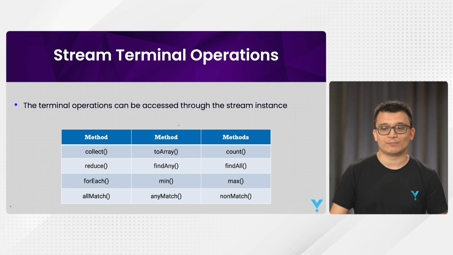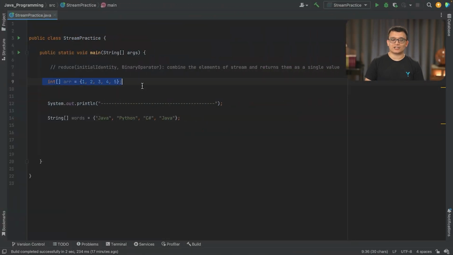For example, suppose that here I have this integer array. If I have integers, when I call the reduce method from this stream instance that contains integers, it simply gives me the sum of all those integers. Combining the integers means at the end it will return the sum.